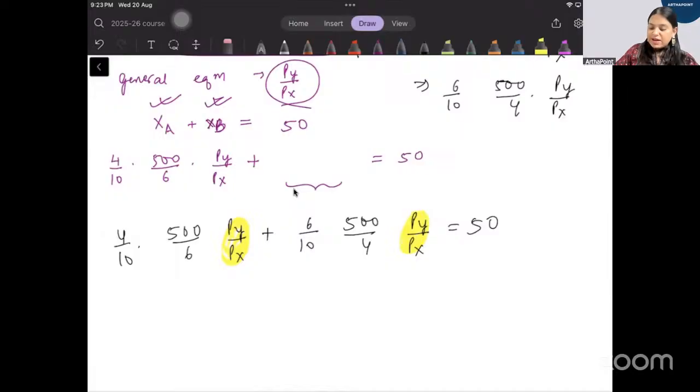Tell me what PY by PX you are getting. Just solve this and tell me PY by PX.